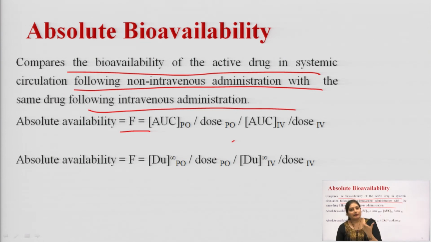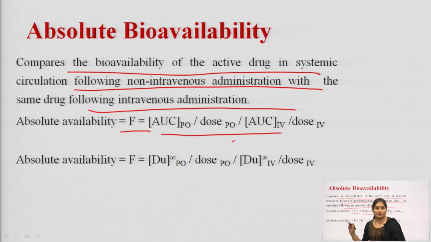See, for the determination of bioavailability of a particular compound, we are having 2 different methods, from the blood data as well as from the urine data. We can calculate the drug that is absorbed into the body by taking the blood sample as well as by taking the urine sample. If we want to calculate through the blood data, then this formula will be used. Okay. And if we are going for urinary excretion data, then this formula will be used.